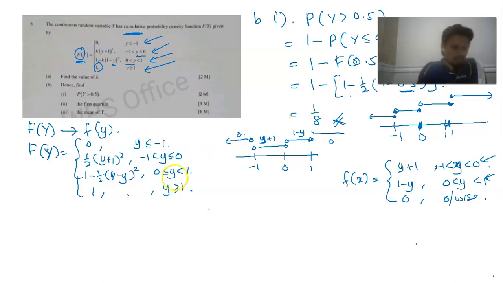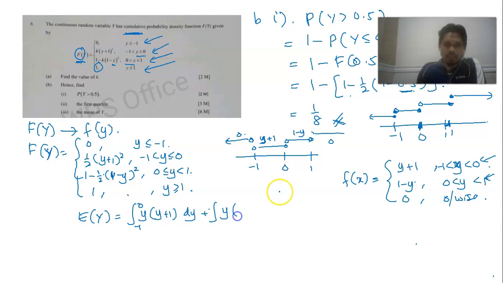Okay, so now to find the mean of y, equal to the integral of y times (y plus 1) dy from -1 until 0, plus the integral of y times (1 minus y) dy from 0 until 1.